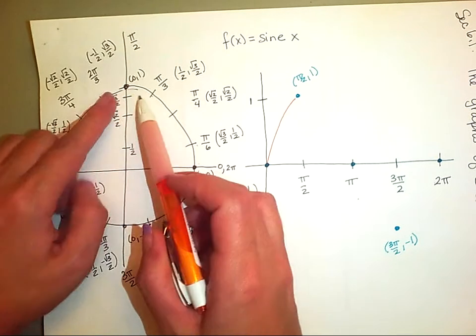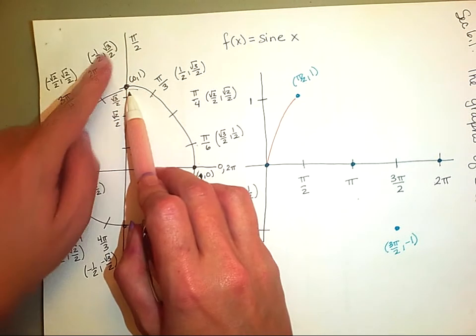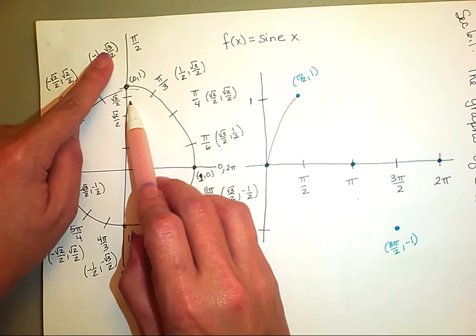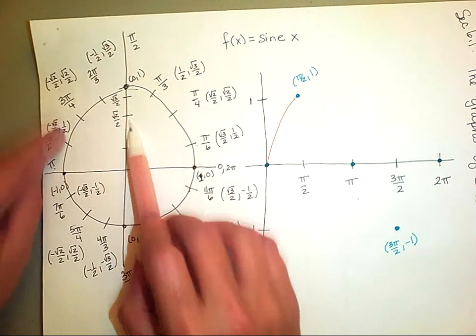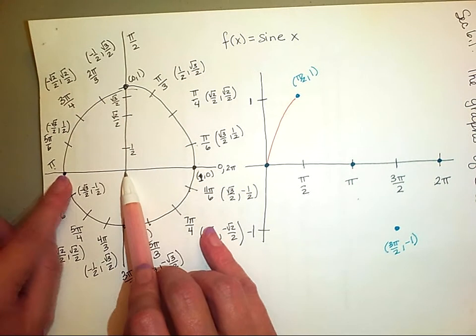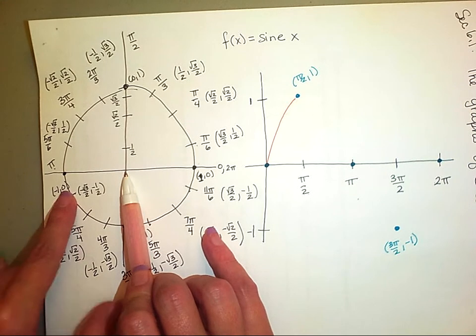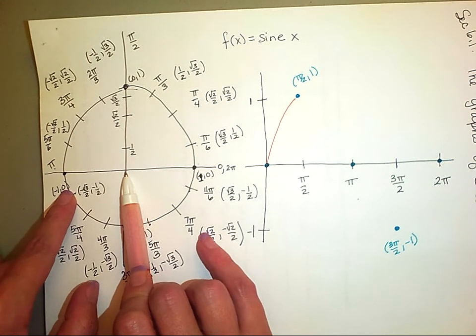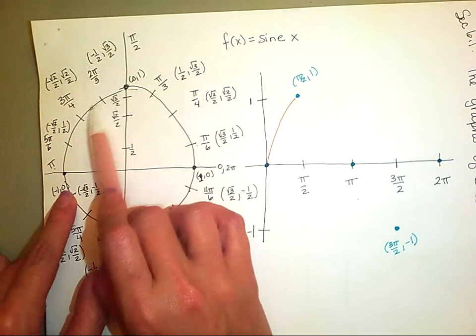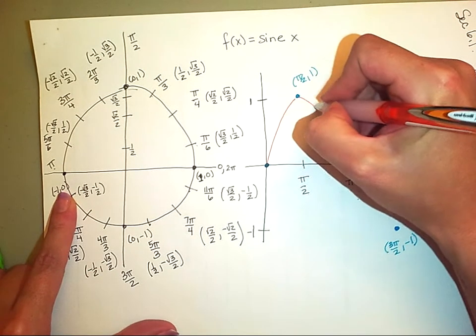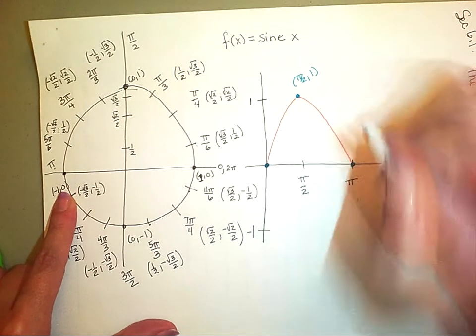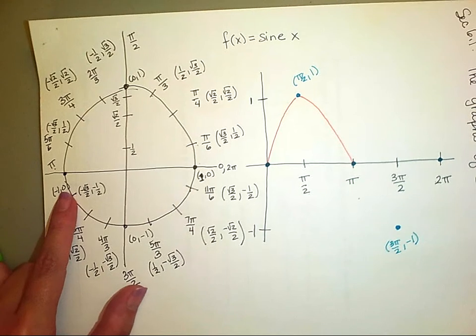Now, at pi over 2, we start descending. We start at 1, then we go to square roots of 3 over 2, then root 2 over 2, then 1/2, until finally we're at the point where the sine is 0. So if we were to mark this as we move forward, from pi over 2 to pi, the sine decreases until it's back at 0.